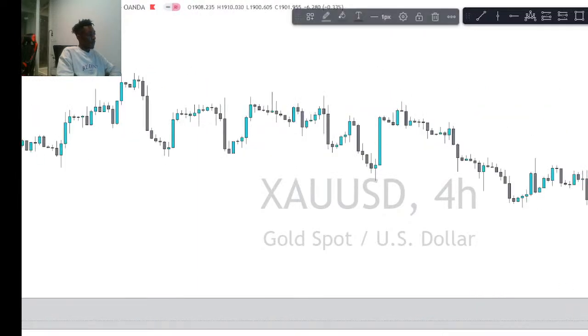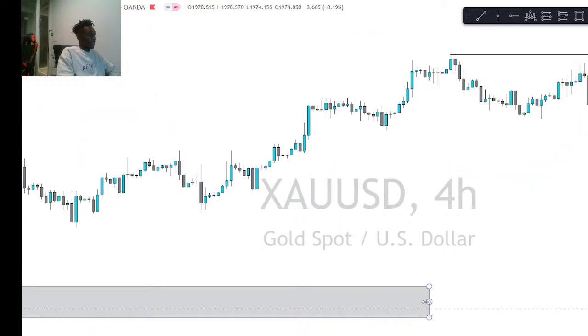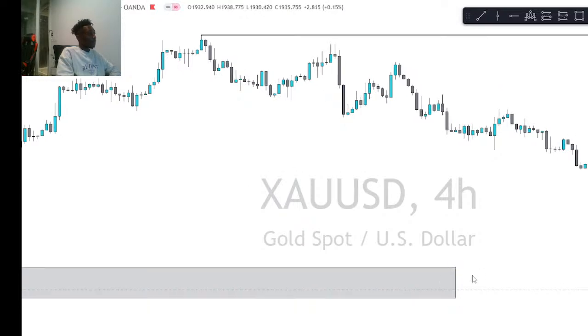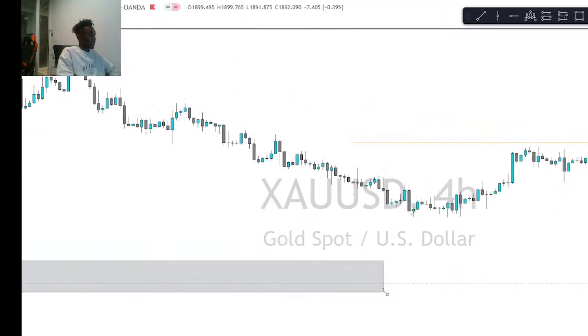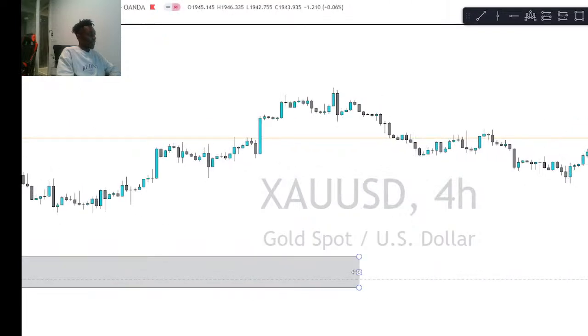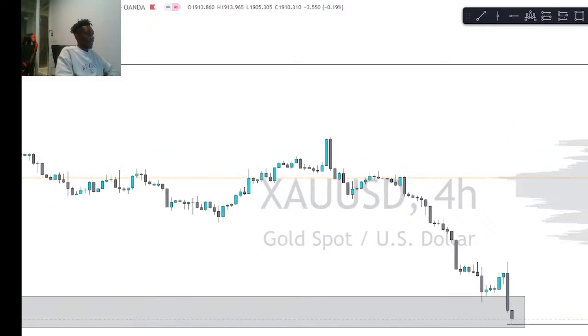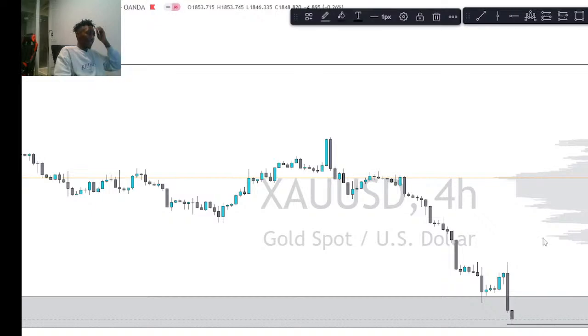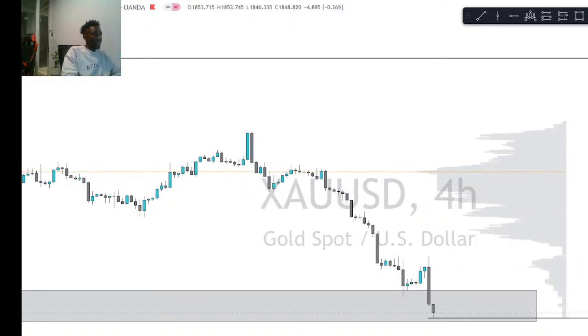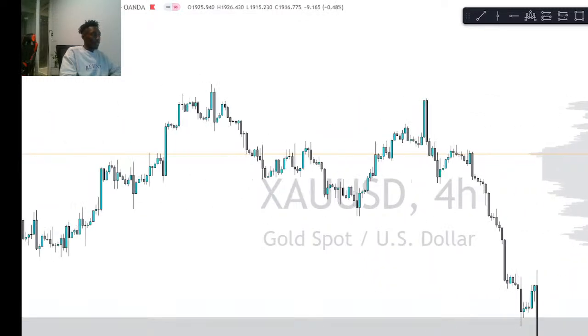We keep extending it until we see the actual market and monitor if the market is respecting the fair value gap or not. Okay, we can definitely see clearly that the market is inside the fair value gap.